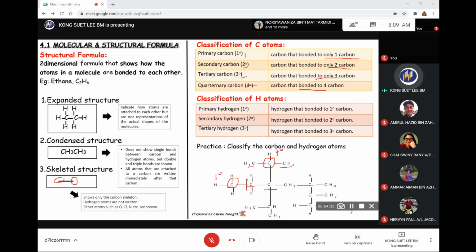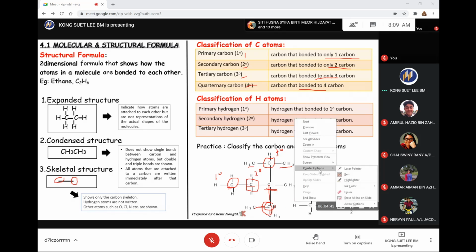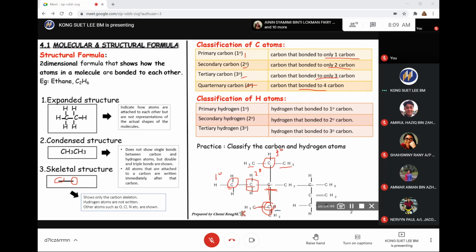If you look at this one, it is attached to 1, 2, so this one is secondary carbon. Let's find a tertiary carbon. Is there any tertiary carbon? Yes, this one is tertiary carbon, because it is attached to 1, 2, 3 carbons. Okay, I change color.